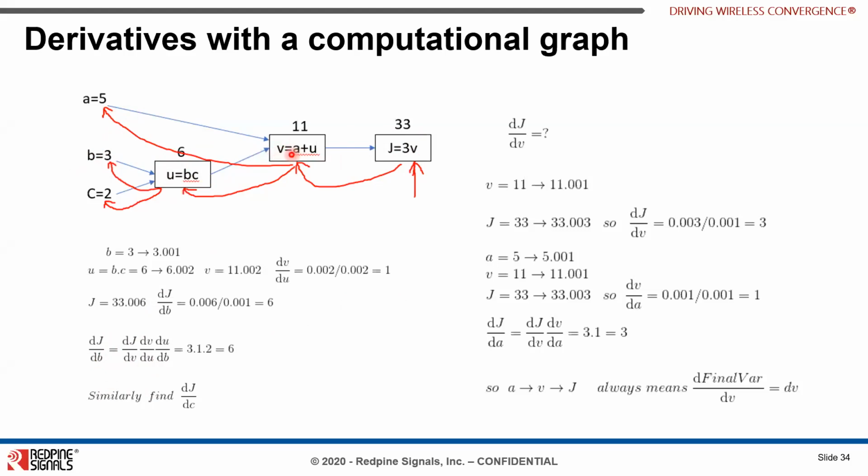And finally, a change in v will be reflected in the change in j, because j is equal to 3 into v. That means dj by db is basically dj by dv, dv by du, and du by db. Individually we know dj by dv is 3, dv by du is 1, du by db is 2. So 3 into 1 into 2 is 6. So dj by db is 6. Is it clear?